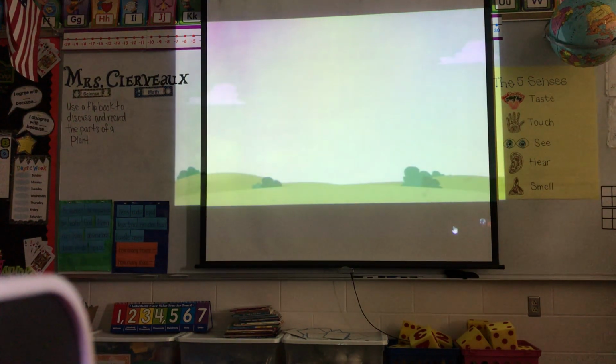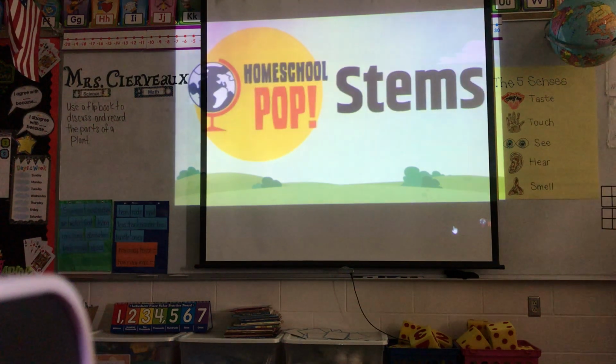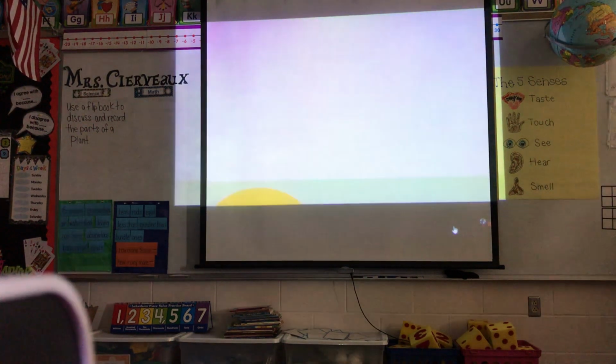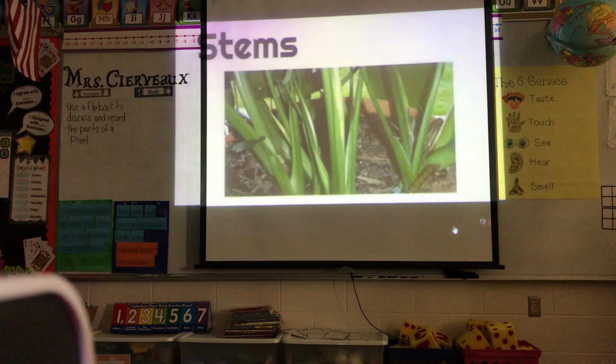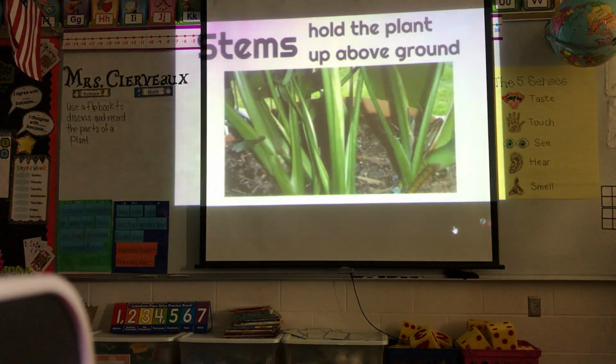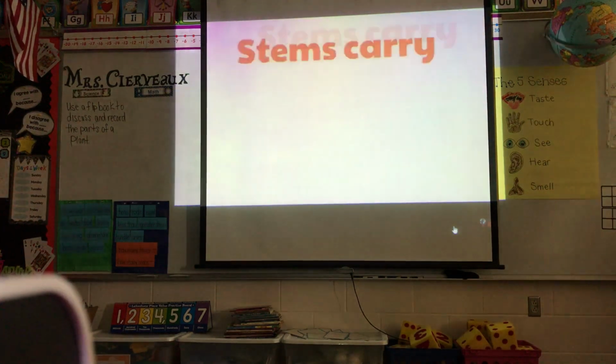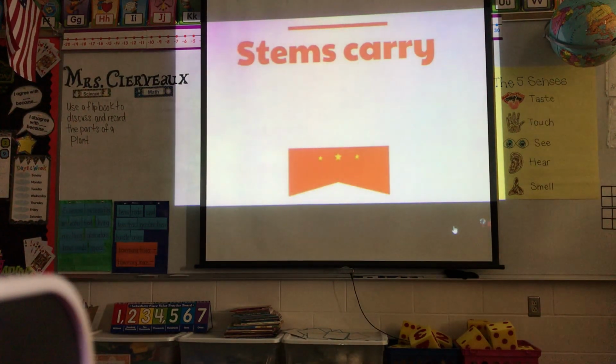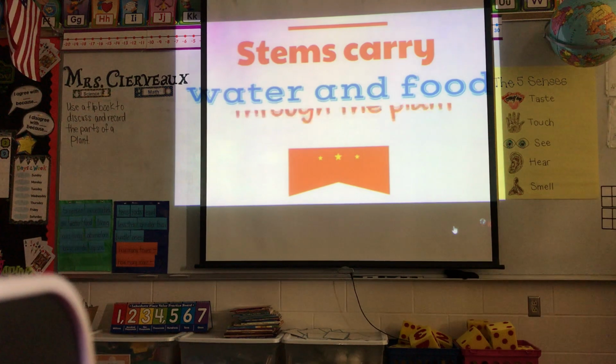Okay, so now we're going to look at the second part of a plant, which are the stems. Now the stems hold the plant up above ground. The stems carry water and food through the plant.